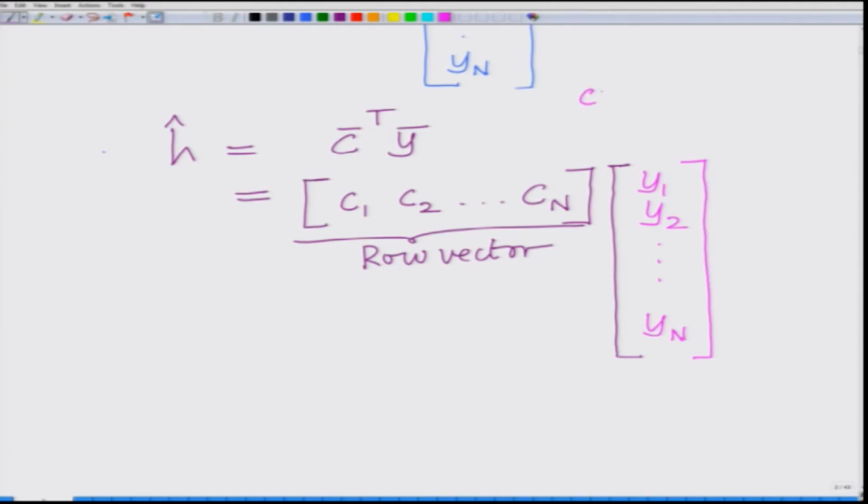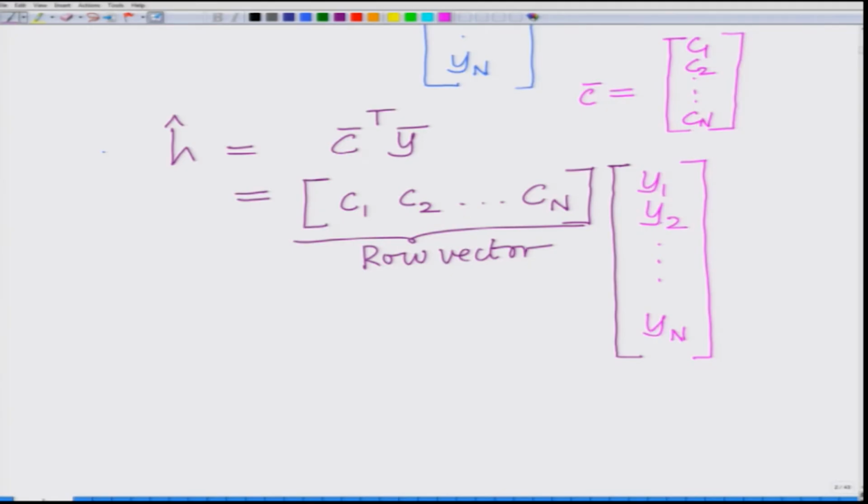Recall C bar is being defined as follows. This is a column vector C 1, C 2 up to C n. Therefore, C bar transpose is naturally going to be an n dimensional row vector.